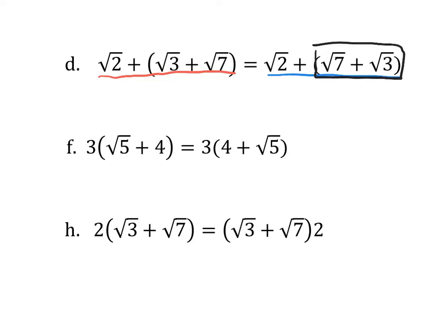So here, our order flipped. So even though that is happening in parentheses, it can't be the associative property because the parentheses didn't move. They're still grouping the same two numbers together. What changed is the order of those numbers in the parentheses.